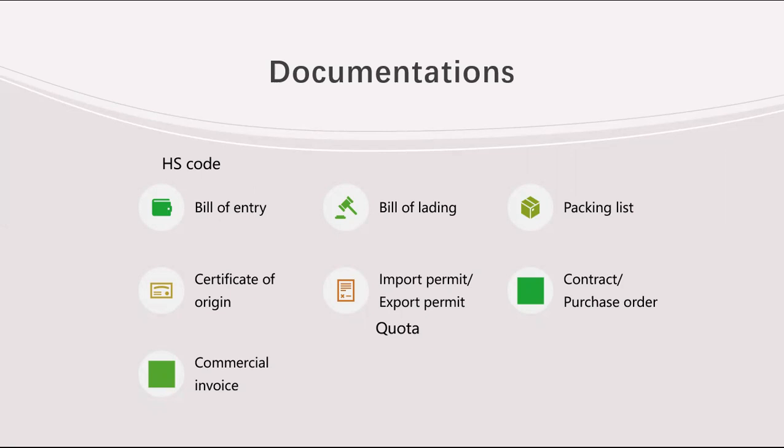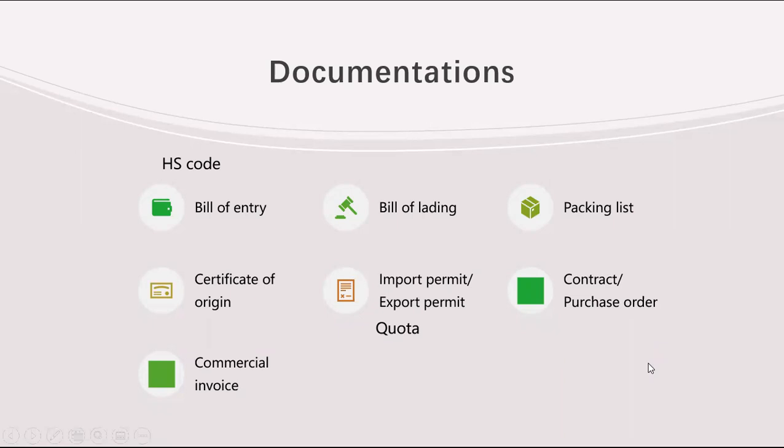Contract and purchase order, or PO, can be asked for during customs clearance to show that there is a transaction between the buyer and the supplier. Finally, the commercial invoice is a must worldwide, a requirement worldwide, because it shows the value of the goods, and it will be the base to calculate the tax regarding import and export.